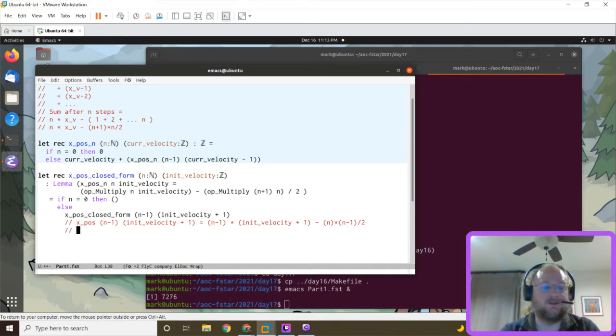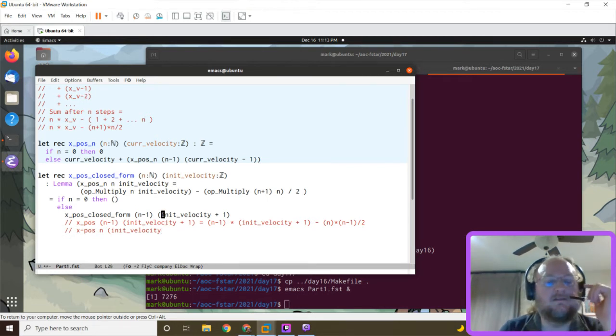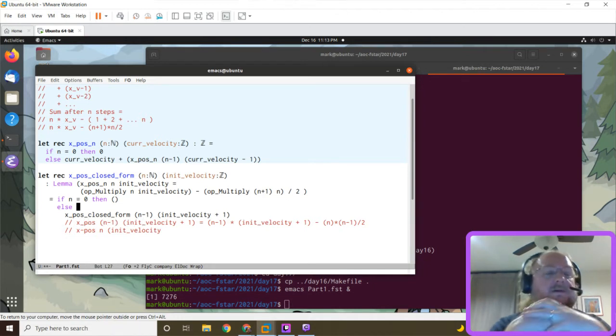What we want to prove is that x pos n. Am I doing this the right way?